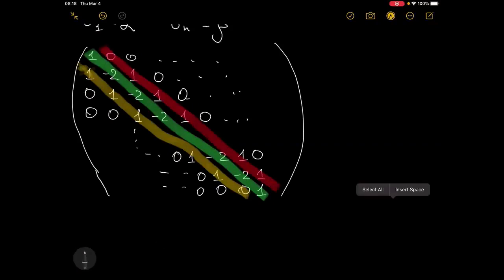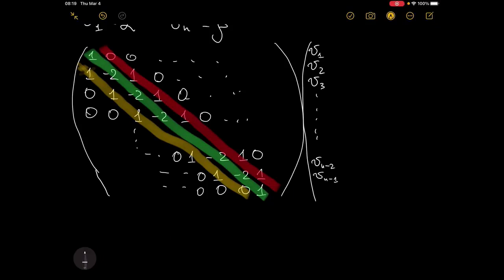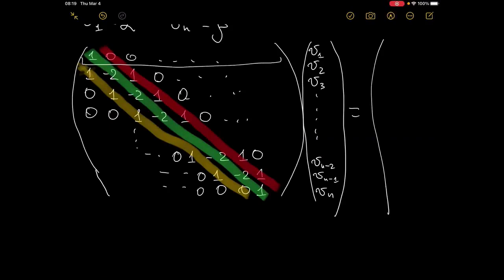Okay, and now we can multiply it by our values of our function on the grid, v1, v2, v3, and so on, up to vn minus 2, vn minus 1, vn. And this is equal to, so let us multiply the first row by this vector. We will get just v1.